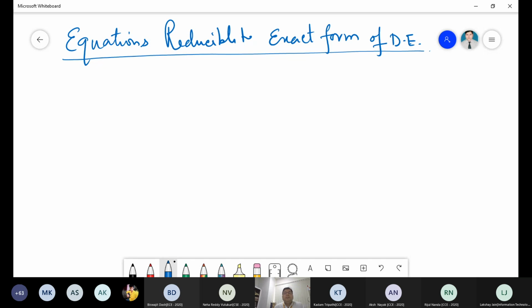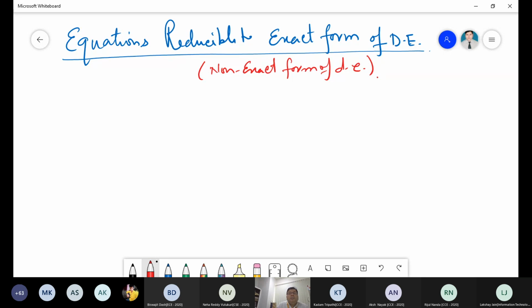Okay, equations reducible to exact form of differential equation. What it means is a non-exact form of differential equation. This one term that makes it reducible to exact form is called the integrating factor.